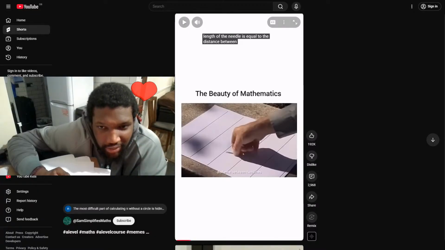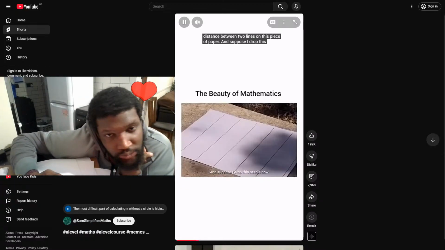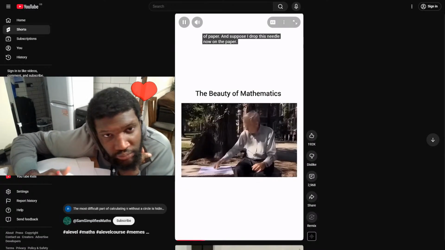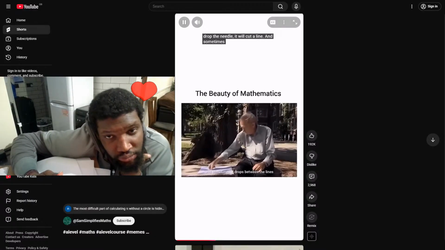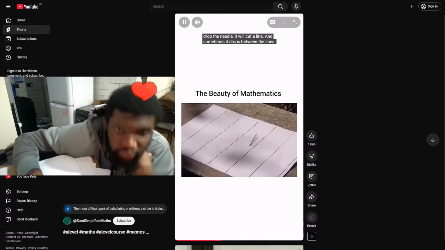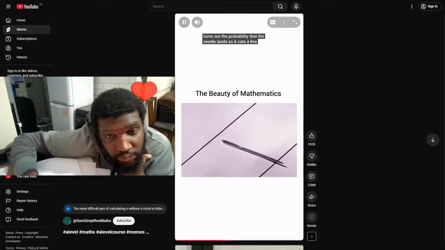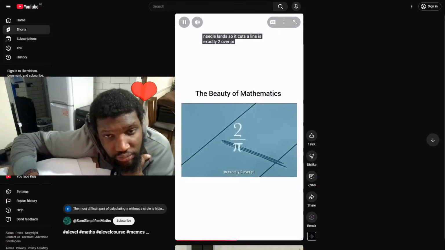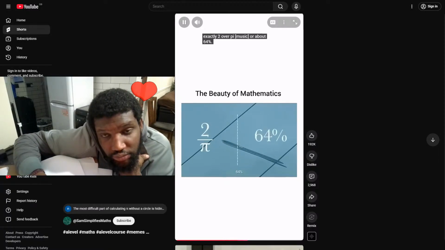The beauty of mathematics. Two lines on this piece of paper. And suppose I drop this needle now on the paper. Sometimes when you drop the needle, it will cut a line, and sometimes it drops between the lines. It turns out the probability that the needle lands so it cuts a line is exactly 2 over pi, or about 64%.